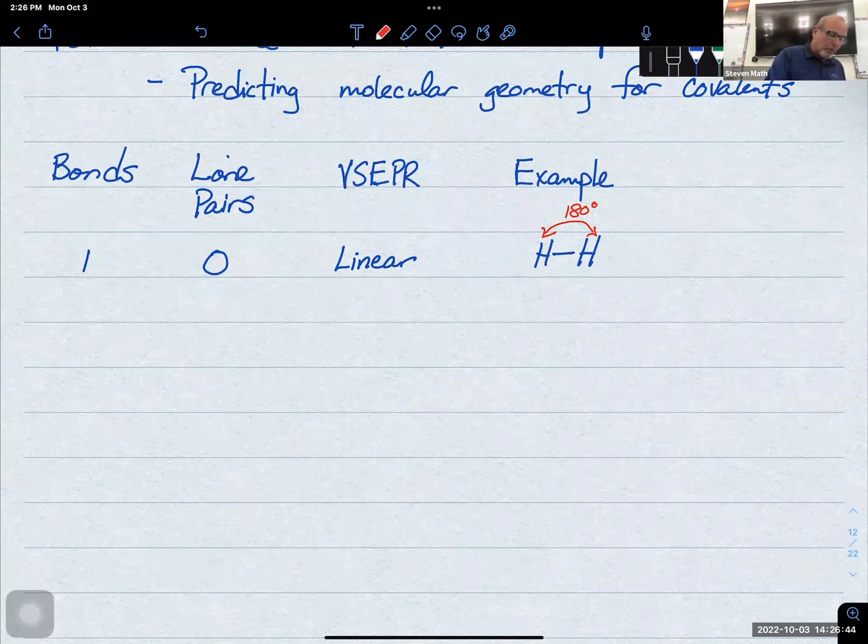So if we get a little more complex now, and we go to two bonds, no lone pairs. Now we're going to link together something like what we did in our last video. I believe it was MgI2.